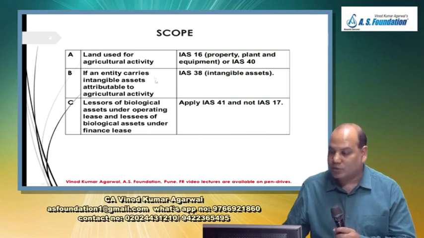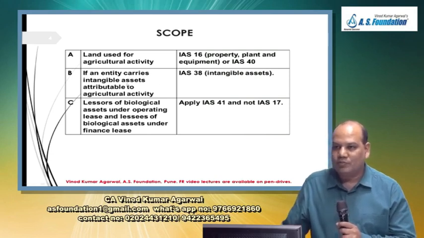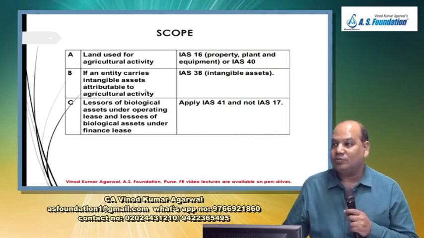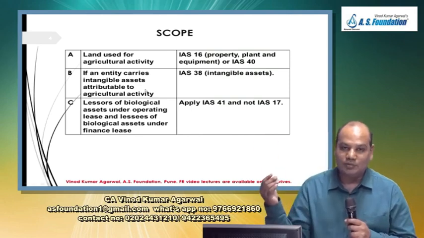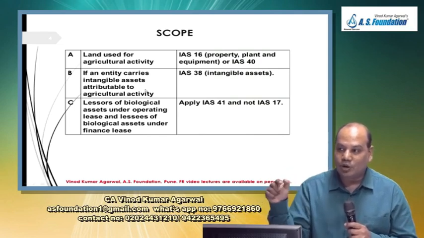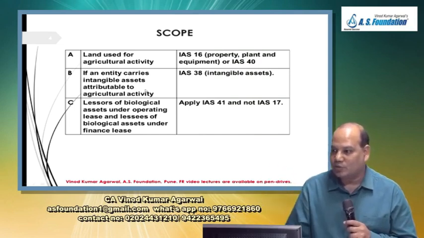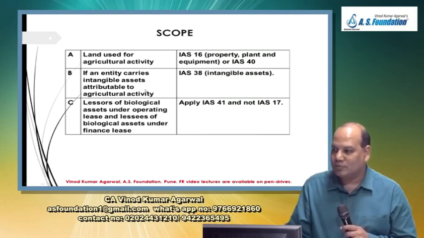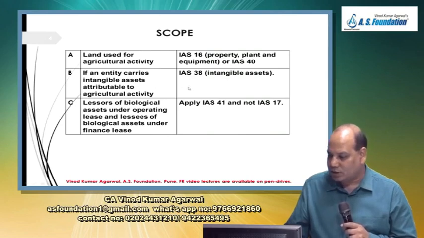Or you may have some technology for farming purpose, some technical know-how which helps you to give more production. The technical know-how will be accounted under IAS 38. So brand, goodwill, technical know-how related to agricultural activity will not be covered by this standard. Intangible asset is IAS 38.